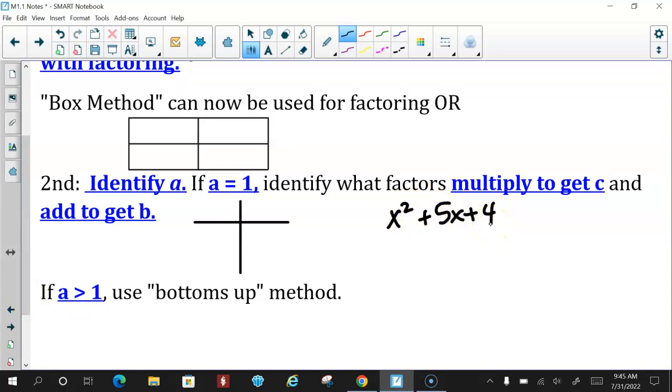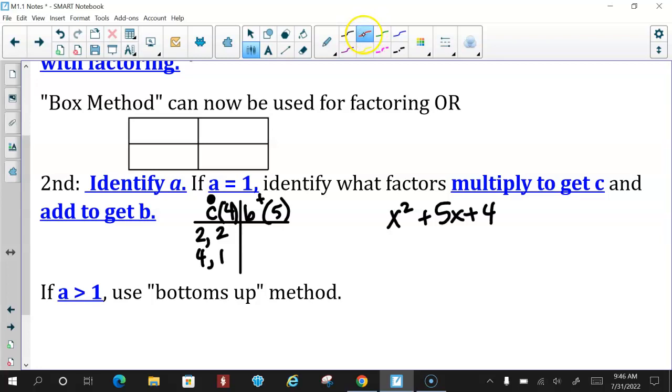We're looking for what numbers, and this is when we could set up our table, multiply to get C, which in this case is 4, and add to get B, which in this case is 5. So I could start listing out the factors of 4. 4 has 2 and 2, and also 4 and 1. But then they also have to add to give us 5.